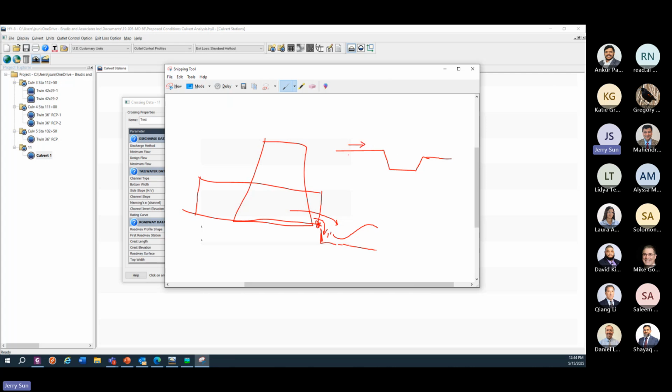This bottom channel, we get a pool here, and then the culvert flow comes out. Then the hydraulic jump is like this. They come out, right? Then they drop, but they drop here, with a large drop.